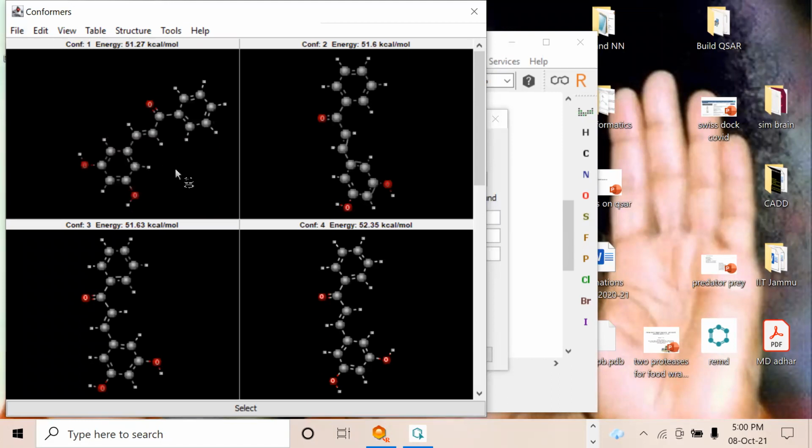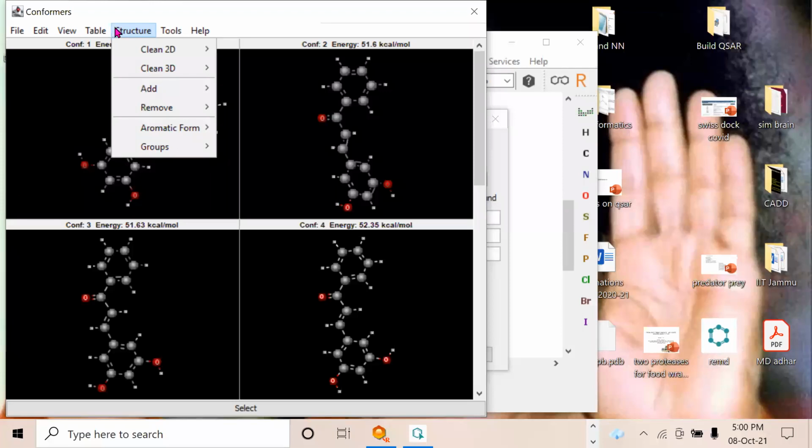That way it's very, very useful. This is the minimum energy conformation of the molecule.